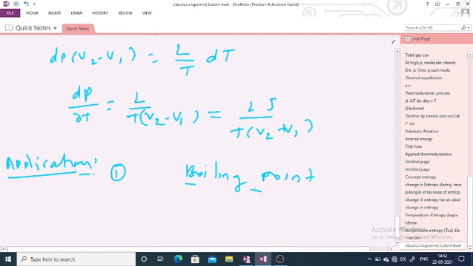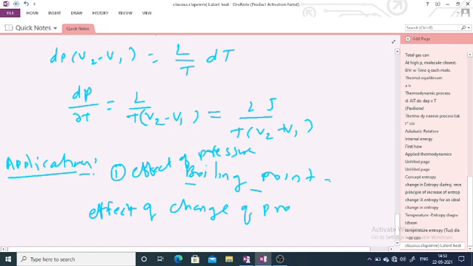If the pressure is high, what effect does it have on your boiling point? So your heading must be: effect of change of pressure on boiling point.